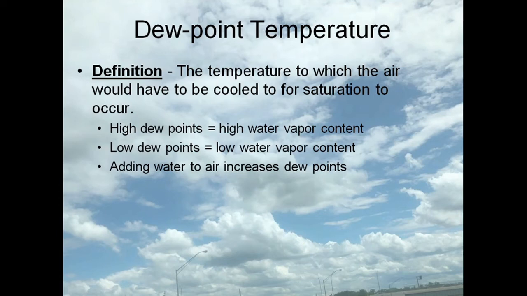For saturation to occur. So if you add more water, that increases the dew point. It brings it closer to your temperature. If you decrease your temperature, that becomes a higher relative humidity and becomes saturated faster.